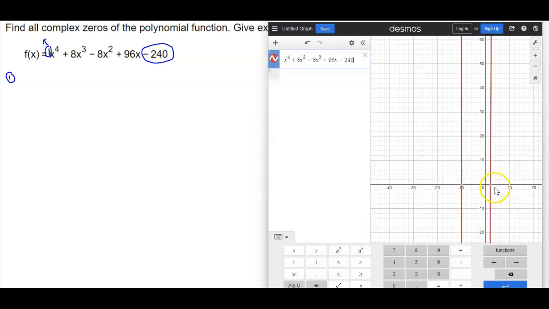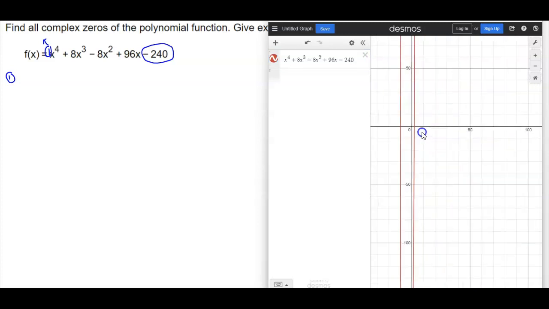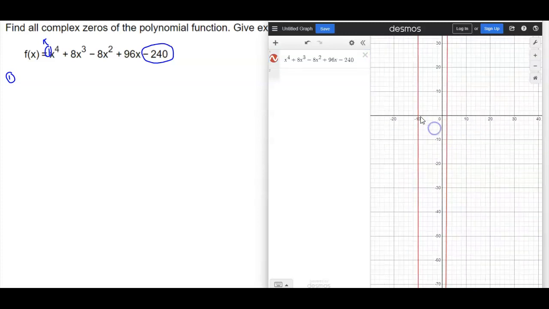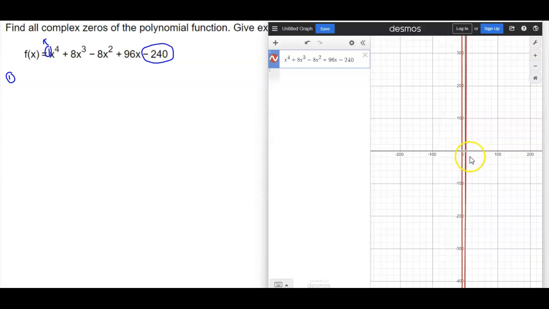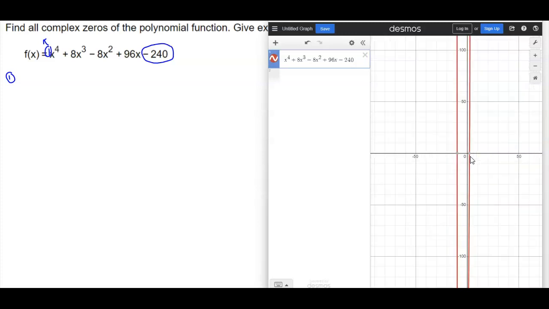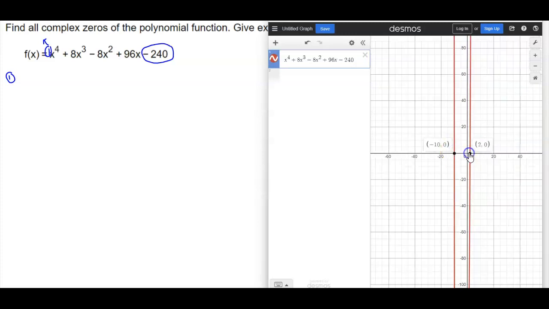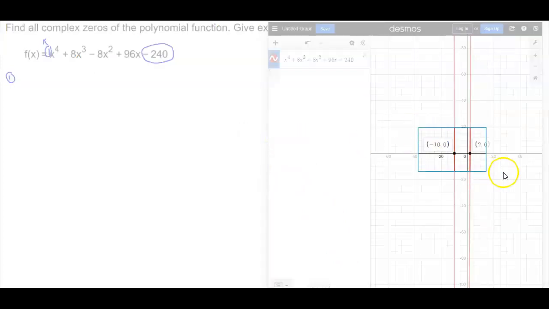Now let's take a look at this graph. It looks like there's a number here and then a number here. When we look at this graph, there are two zeros. There's one at -10 and then there's one at 2.